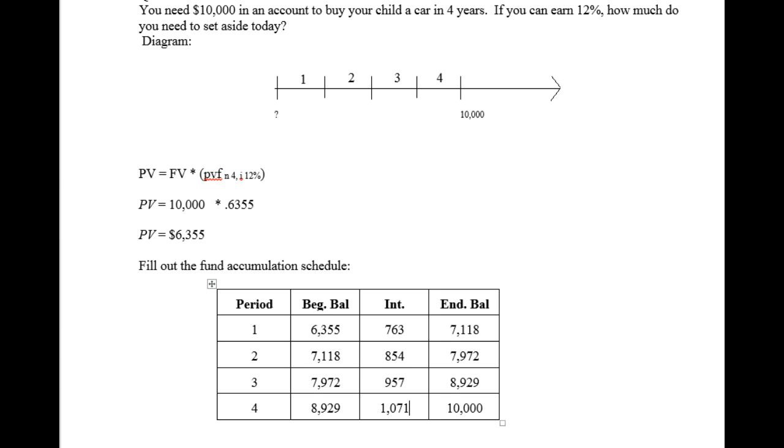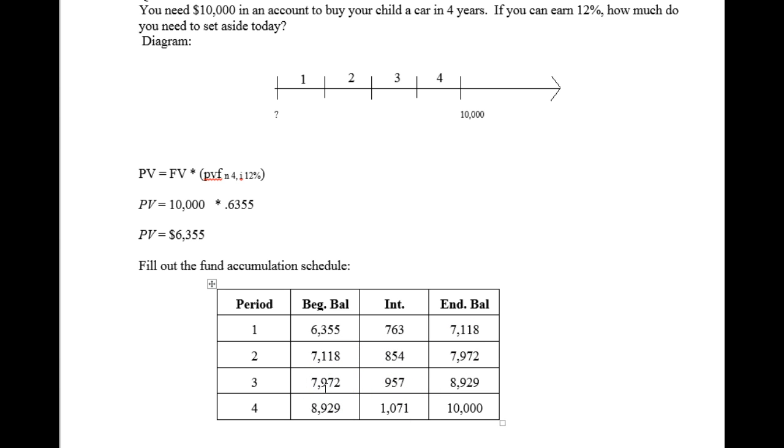Welcome back. How'd you do? Hope you remembered to times by 0.12 instead of 0.10, because I used 12% in my example. 6,355, our starting point, times 12%, 7,118. End of the period, start the next period, the next date, that amount, grow it by 12%, 7,972.